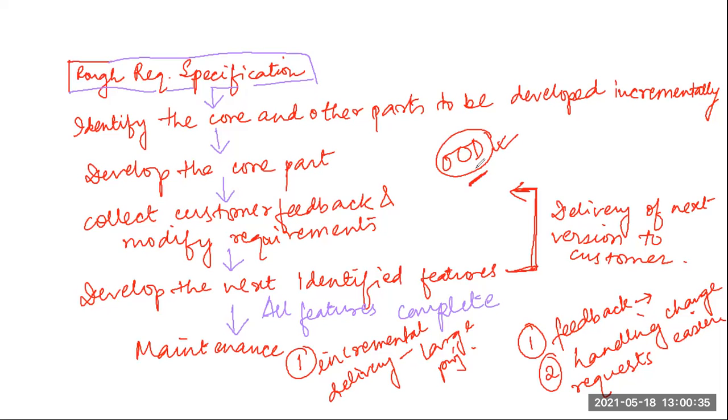So for object-oriented software development projects, the evolutionary model is very much applicable, because it is easy to partition the software into several standalone units in terms of classes. And classes can be more or less developed independently.